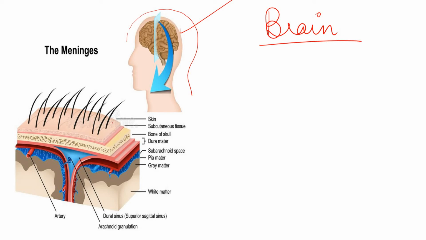Now you see, this is the skin that we have, our hairs on the skin, and then there is the tissue. There are three layers. Now this is a very high standard diagram that I have shown you, to make you all understand about the meninges.